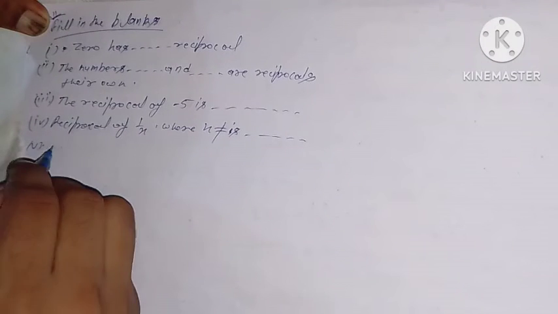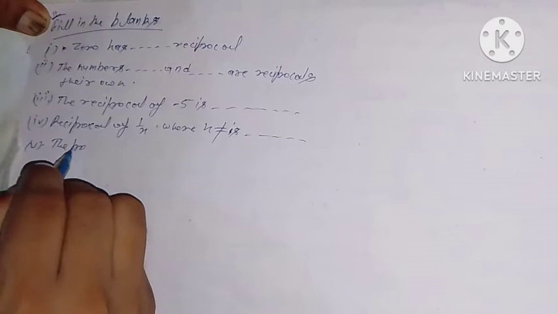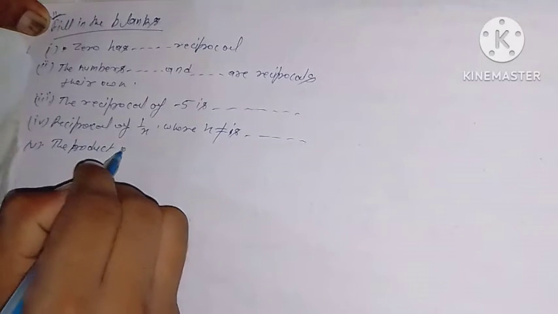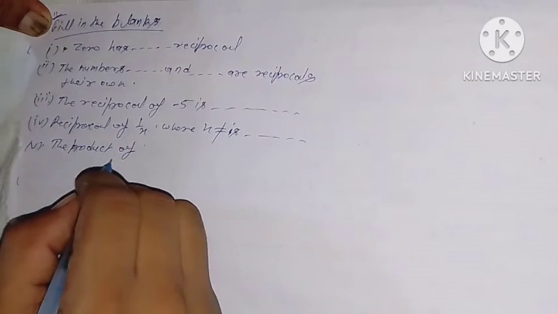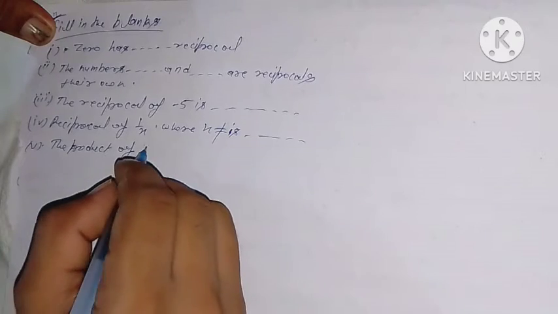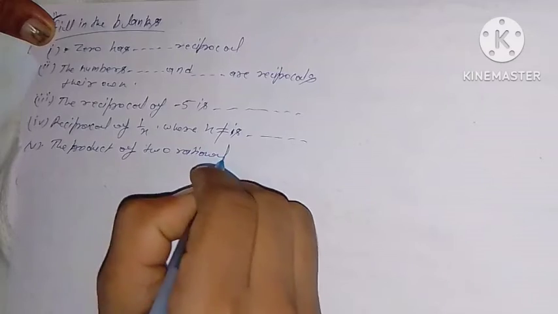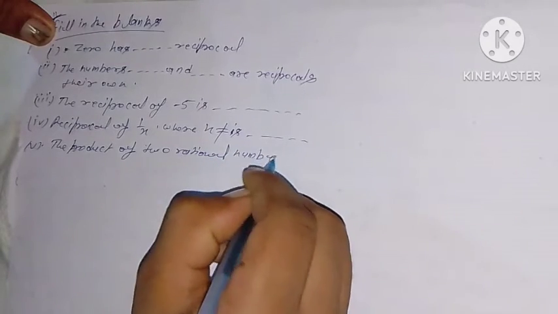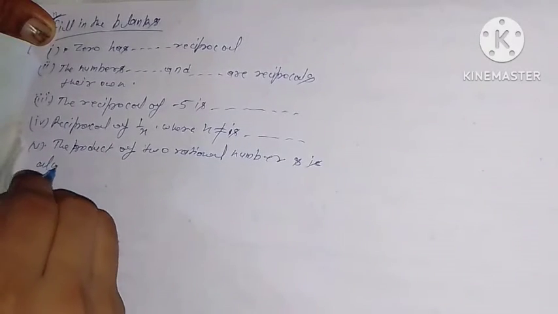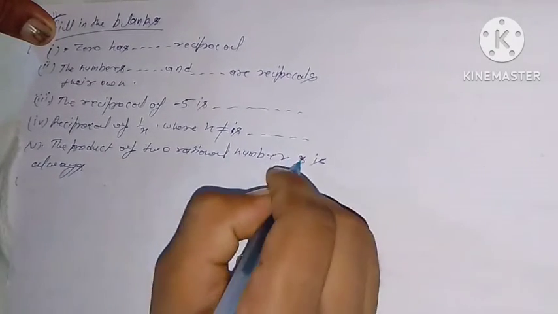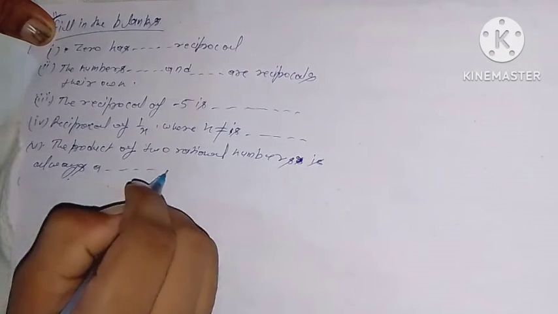Fifth question: the product of two rational numbers is always dot dot dot dot.